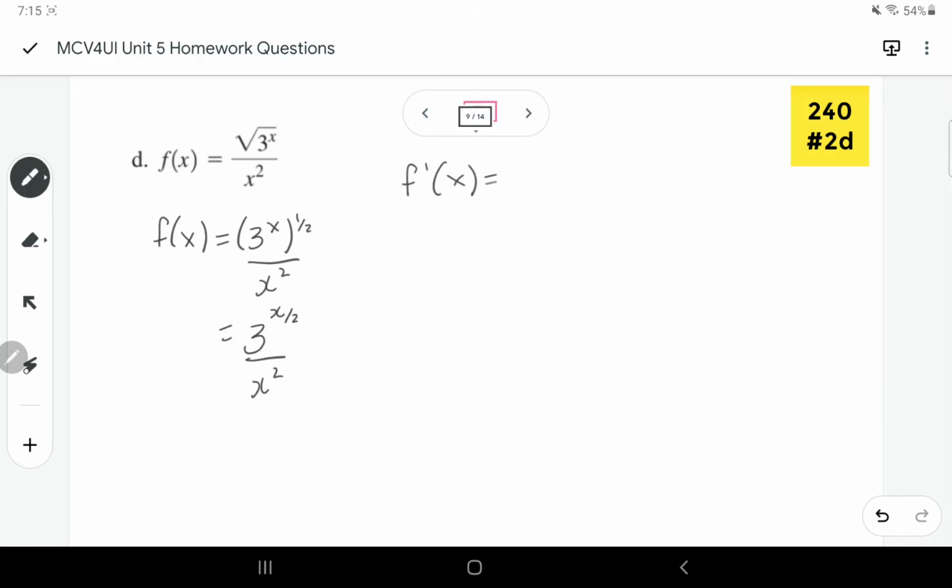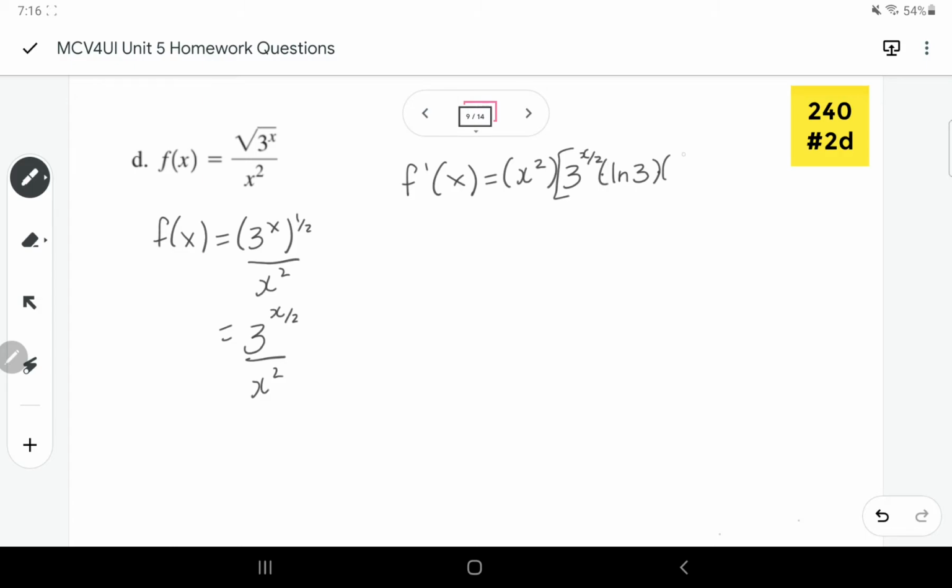So f prime at x is the denominator, so my x squared, times the derivative of the numerator. And this is going to have a few pieces, because the derivative of 3 to the exponent anything is 3 to that same exponent times ln 3 times the derivative of the exponent. So maybe I'll put brackets here, just keep it nice and clean.